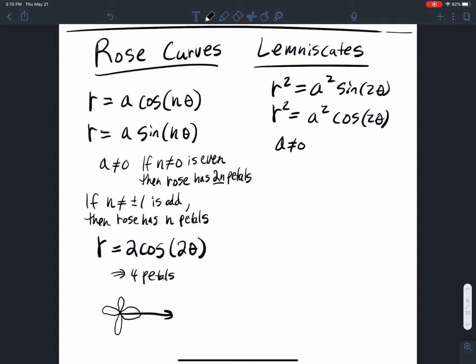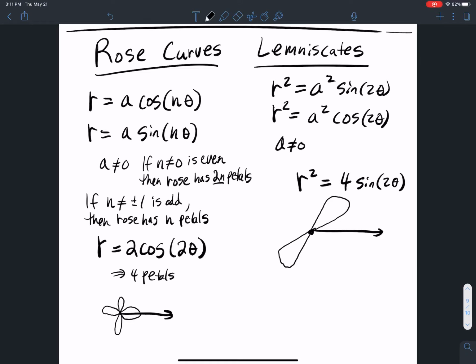So you've got an equation like r squared equals 4 sine 2 theta. And so what does this look like? Comes out, and it comes in, comes out, and it goes in just like this. So it's kind of a propeller type shape going on here.